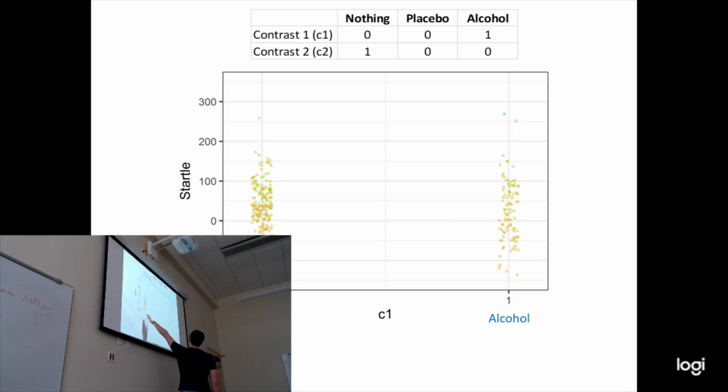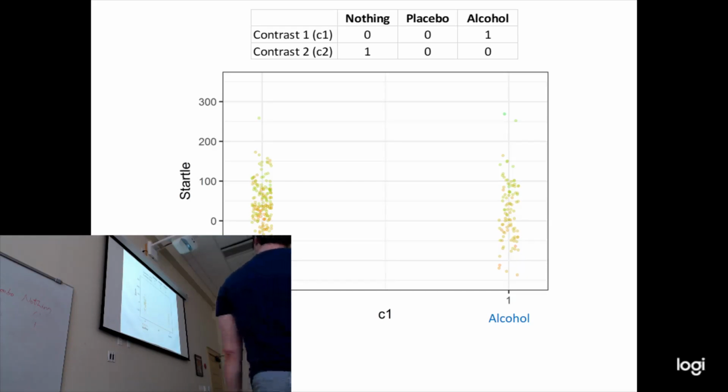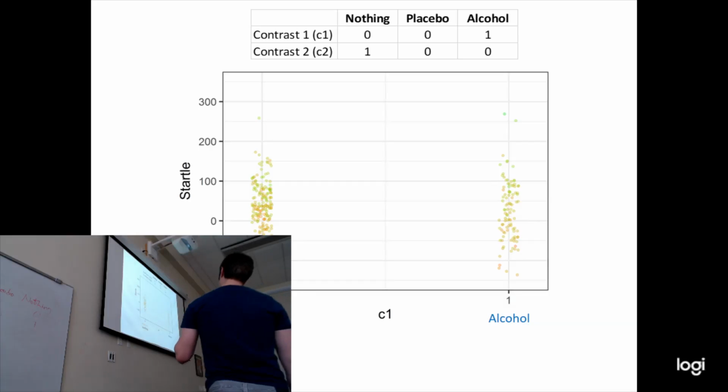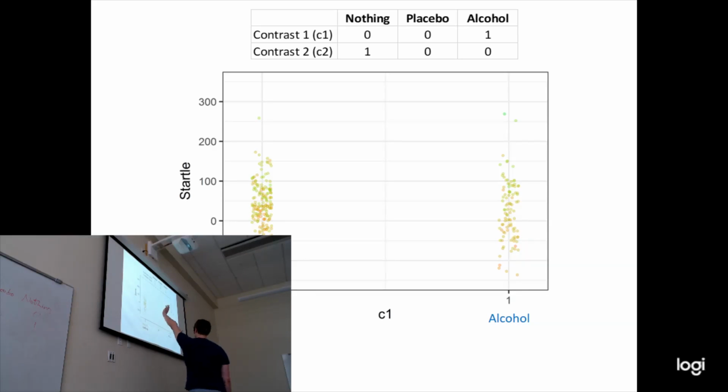So the red points are the points with my covariate. The red points are low in the covariate, green points are high.